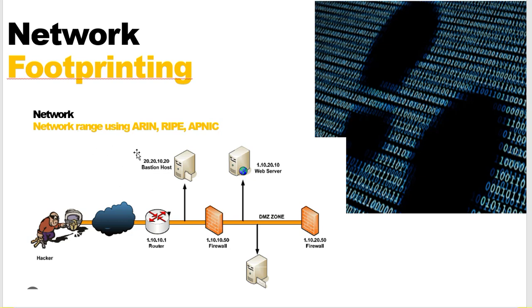In this network, we need to gather information like the network range. That information we can get from the internet registries. The registries maintain the internet numbers, the public IP addresses, and which range is allocated for which region.